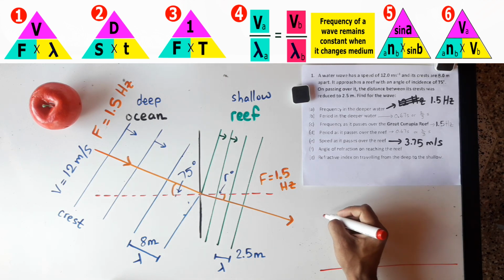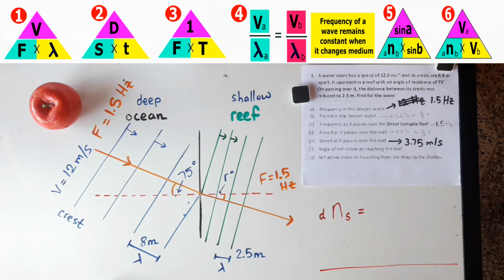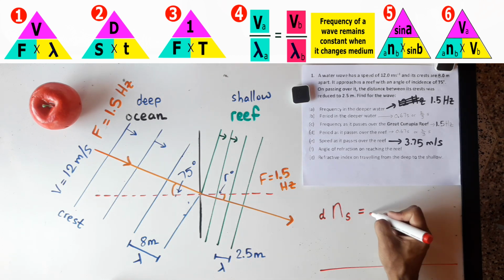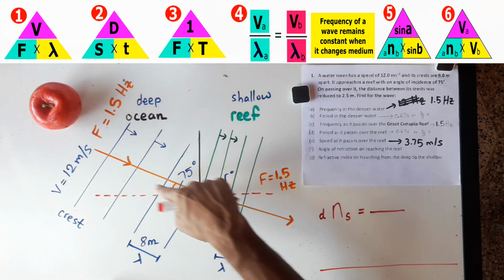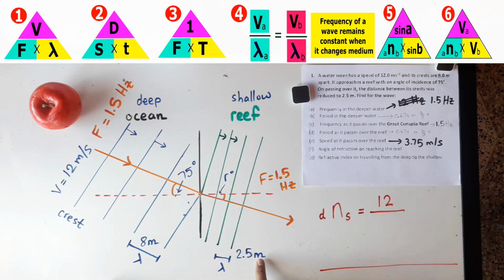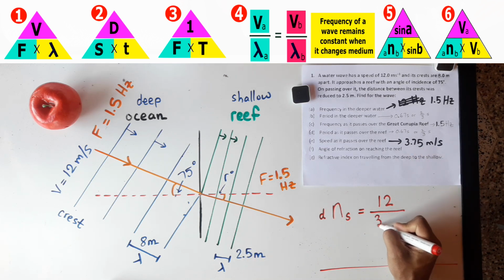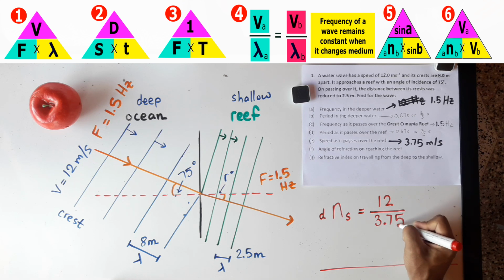To calculate the refractive index from deep to shallow, using formula 6, D for deep, S for shallow, we just have to take the velocity in the deep region, which is 12, and divide it by the velocity in the shallow region. Remember, the velocity in the shallow region is 3.75.